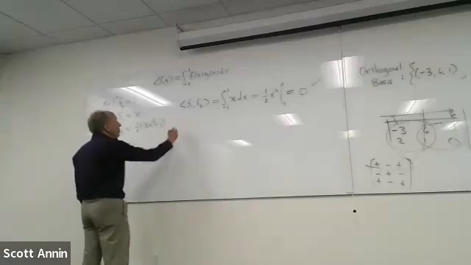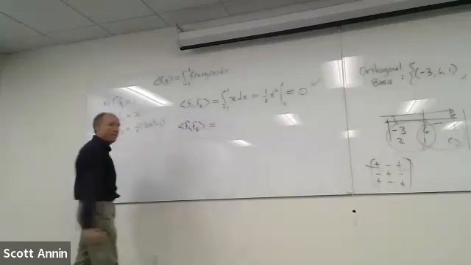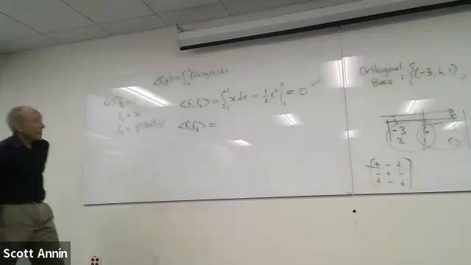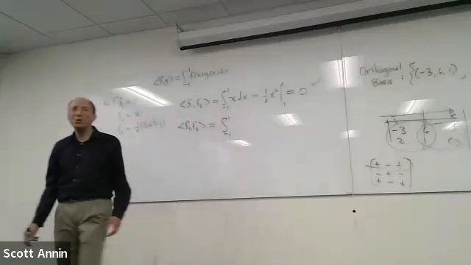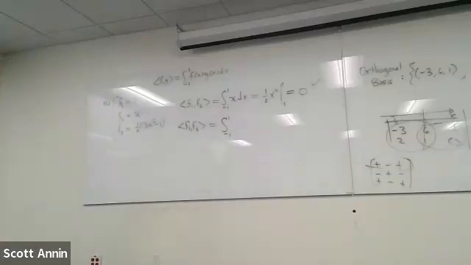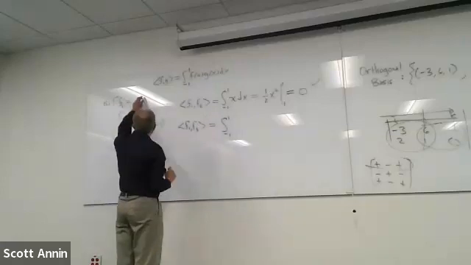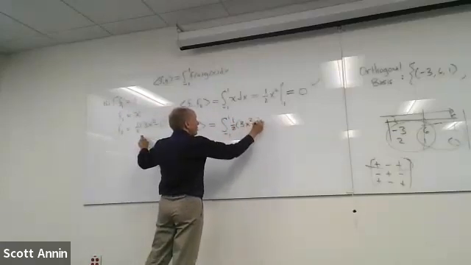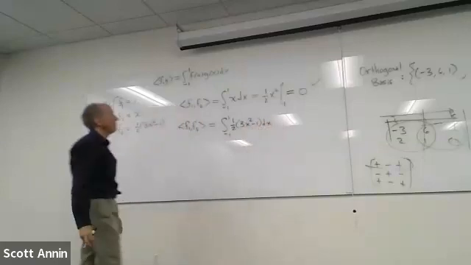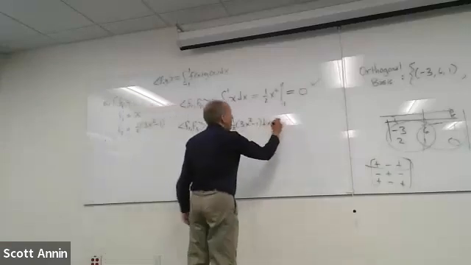We also have to do f1 with f3. So we're going to be doing quite a few integrals here, guys, but they're mostly just easy integrals. The inner product of f1 with f3 is the integral from -1 to 1 of 1 times f3, which is 1/2 of 3x squared minus 1. And we can pull out the 1/2.